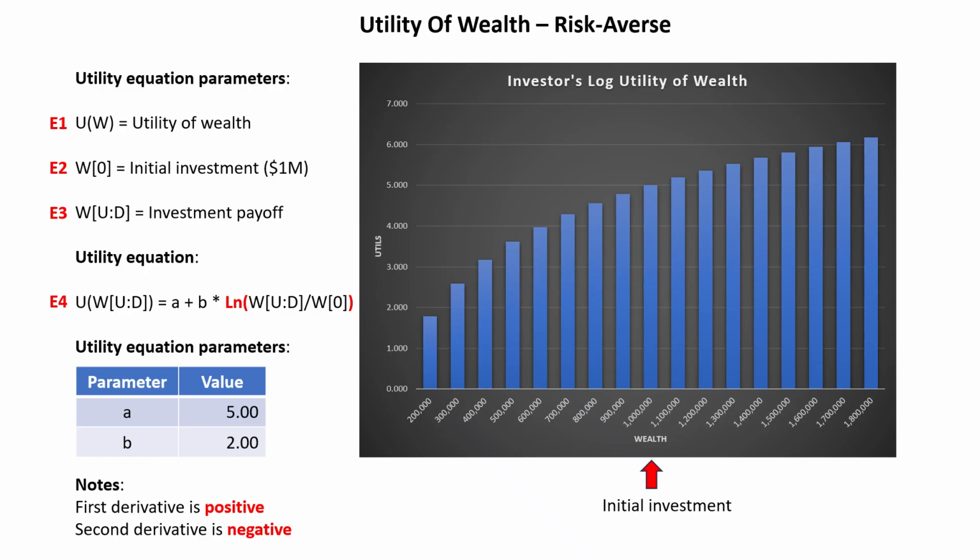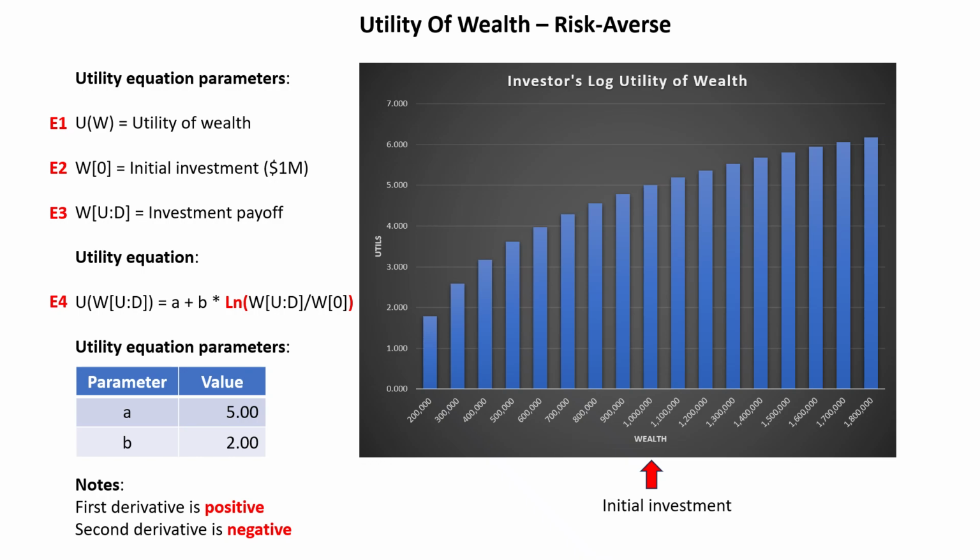Remember that for the risk neutral investor, the first derivative of that utility equation was positive and the second was 0. But in this case, we want to make that second derivative negative. What that says is that, yes, every dollar of wealth adds to my utility, but because the second derivative is negative, it adds to my utility in an ever decreasing manner.